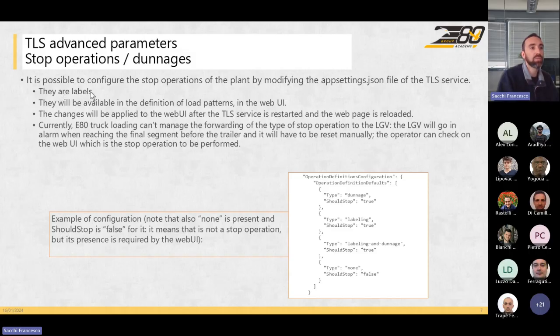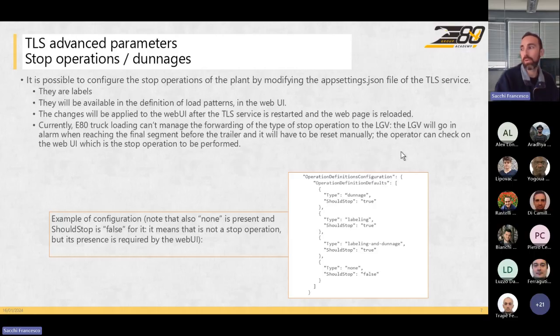They are no more than labels, except the flag shouldStop. So shouldStop false is actually only the dummy stop operation, which means that no stop will be done. The others will forward a flag to LGV Manager that will forward a bit to Smart. And before the last segment entering the truck, the LGV will stop in alarm. By default, that is it.